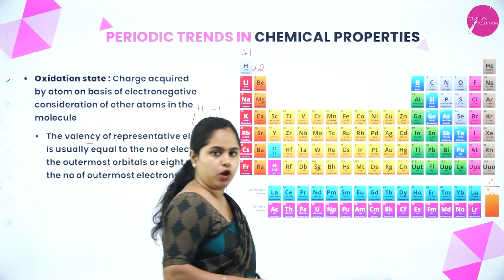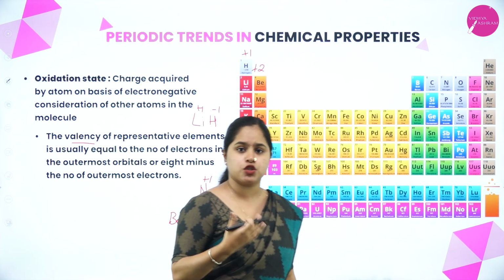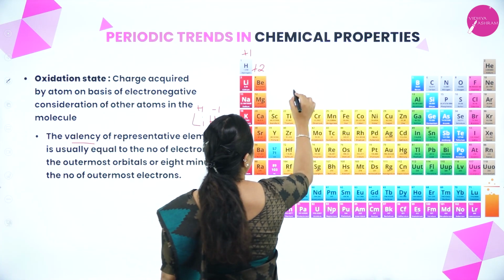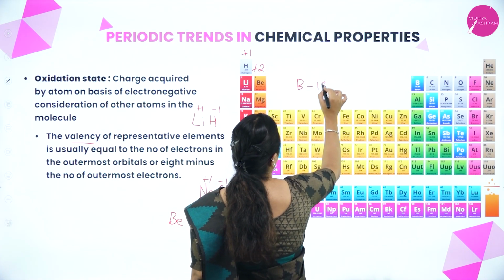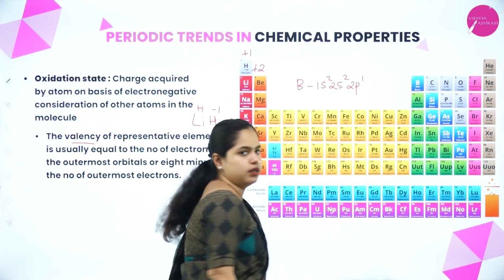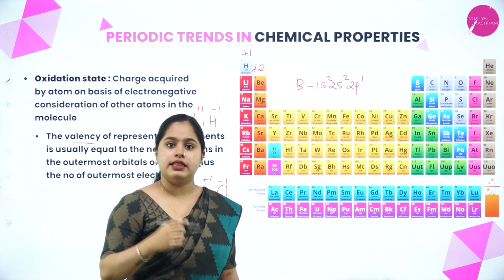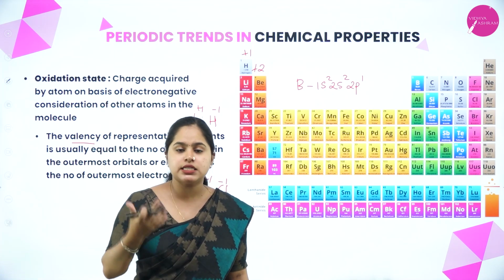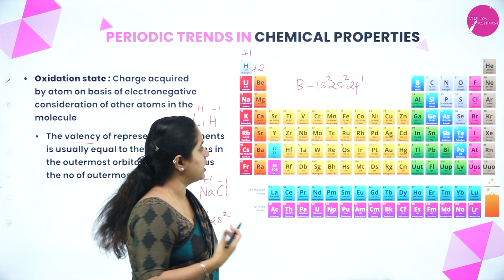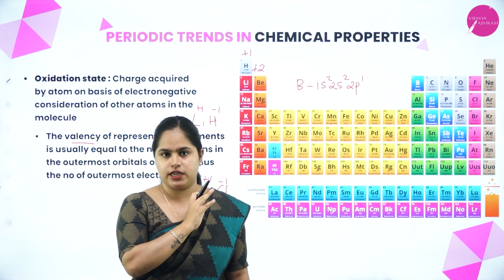Now, let's move on to p block elements. For the boron family, that is group 13, what will be the oxidation state? Let's take the electronic configuration of boron. It is 1s2, 2s2, 2p1. In the outermost shell there are 3 electrons, so the valence electrons is 3. How do we calculate valency or oxidation state? It is either equal to the number of valence electrons or 8 minus the valence electrons.